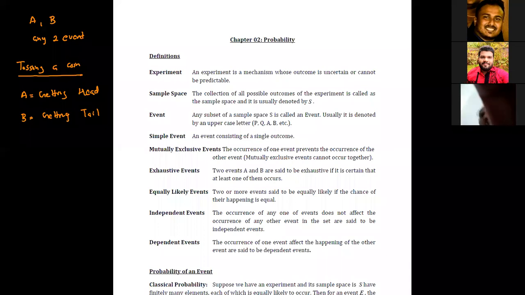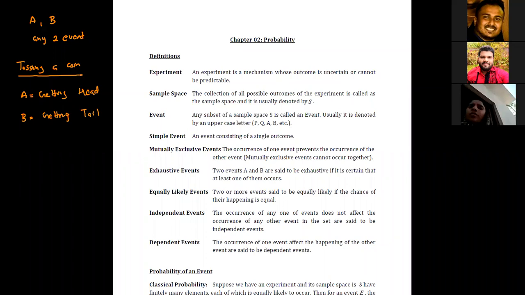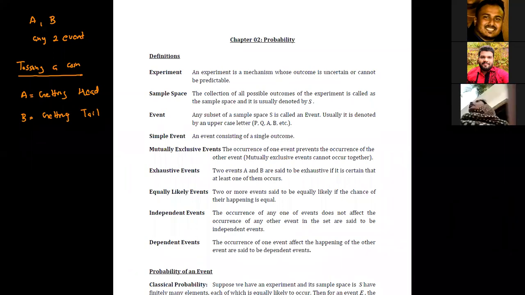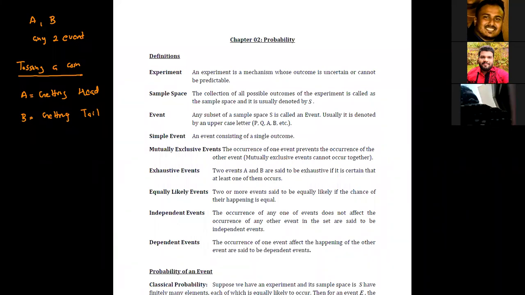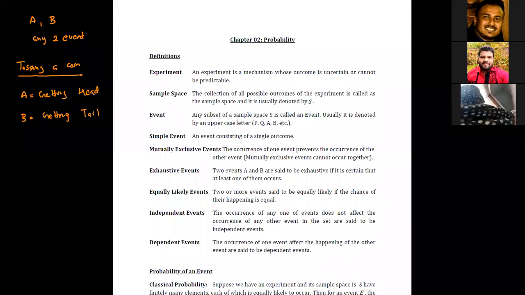It means that at the same time you cannot get a head and a tail. It means that you can either get a head or get a tail. Likewise, we have to consider these two events. Therefore, if such a scenario occurs, then we can say that those two events are mutually exclusive events.